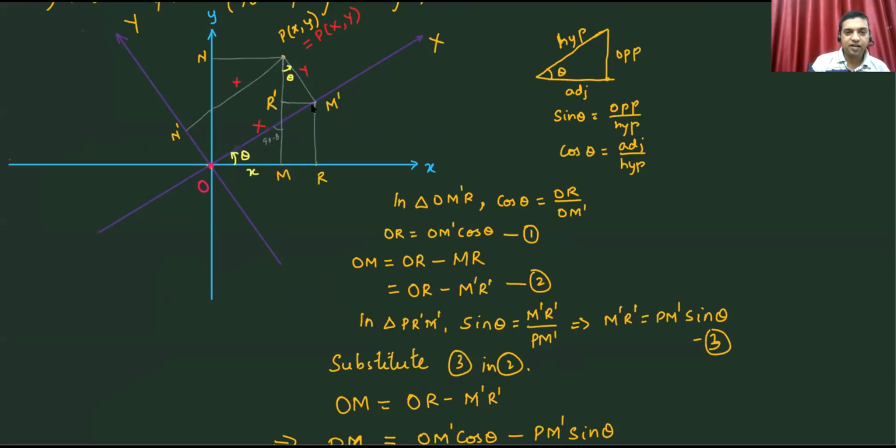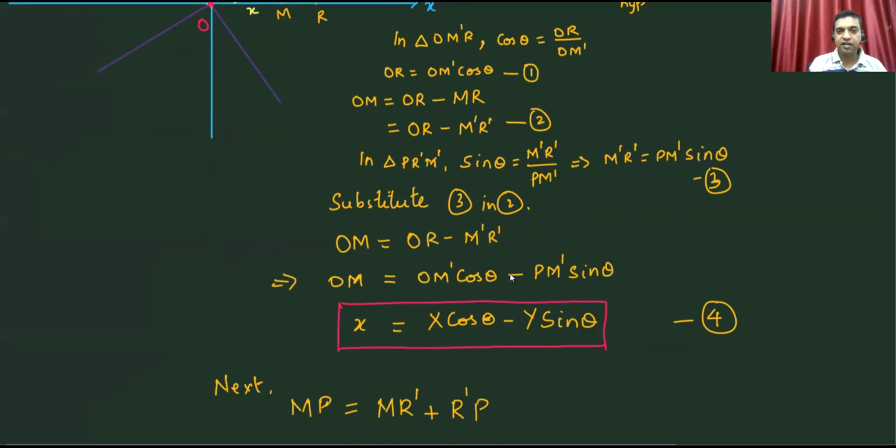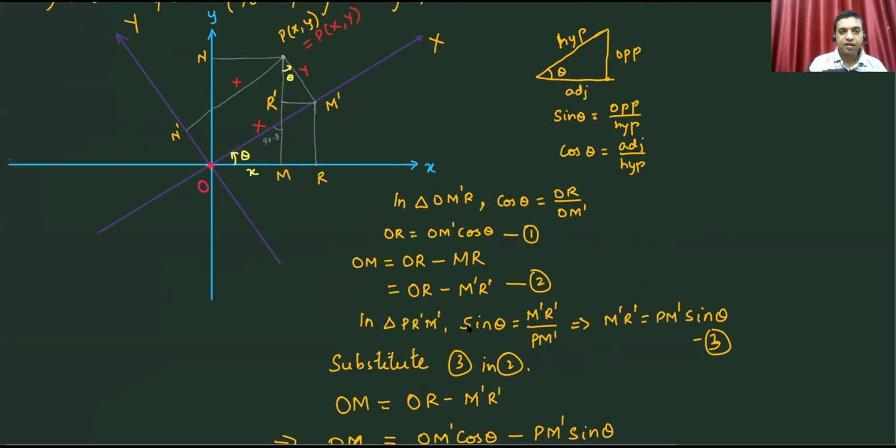Now from here, in the same triangle OM dash R, cos theta is this, and sin theta is this, M dash R by OM dash.